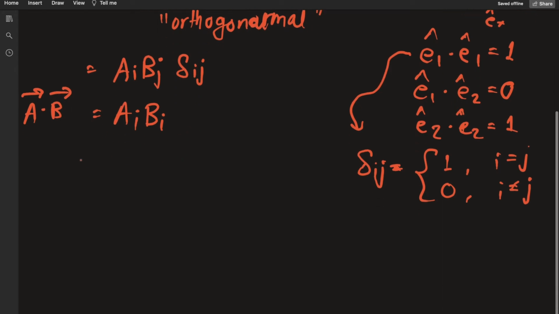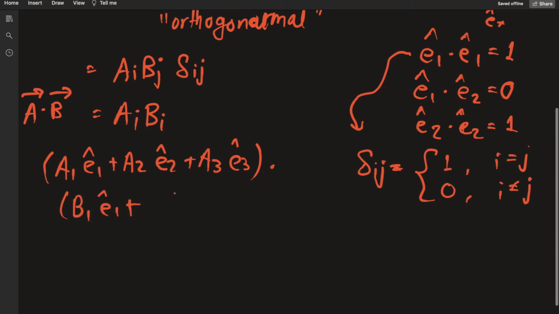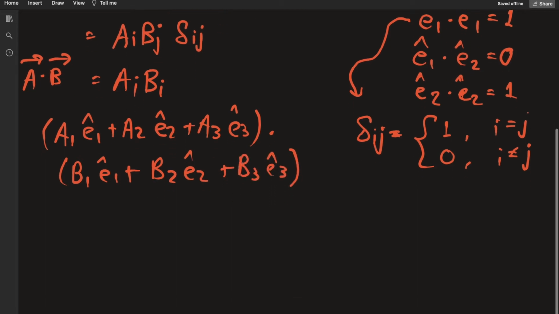And this clearly makes sense, because I hope you know how to calculate dot products. If you had a1 e1 plus a2 e2 plus a3 e3 dotted with b1 e1 plus b2 e2 plus b3 e3, you notice that all these cross terms go to 0 and you have a1 b1, where e_i hat dot e_i hat becomes 1, plus a2 b2 plus a3 b3.